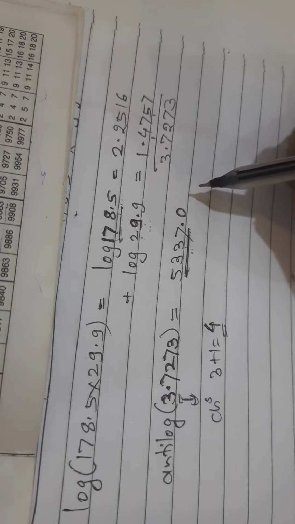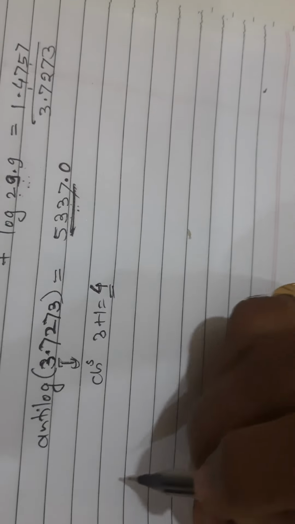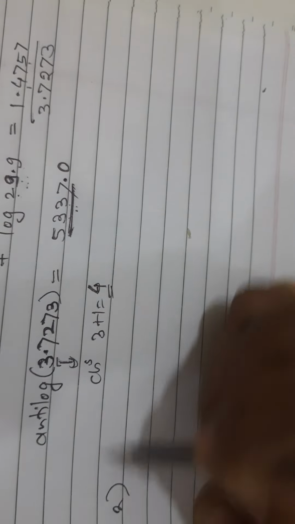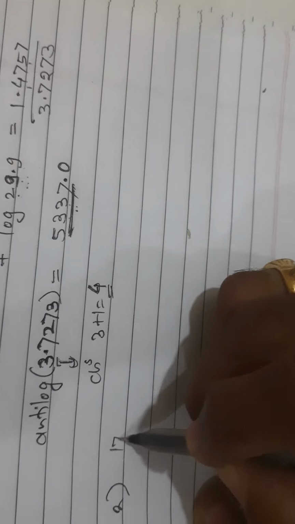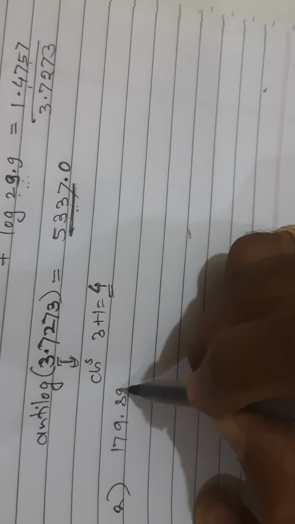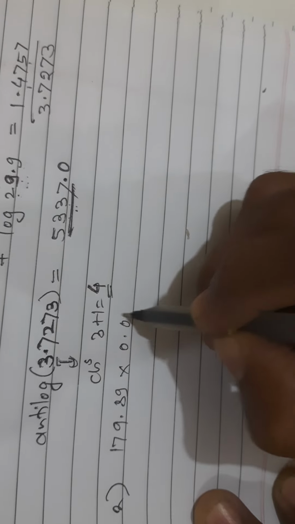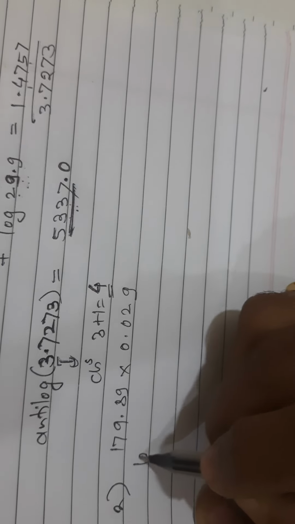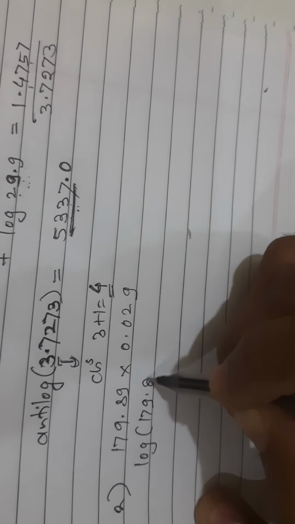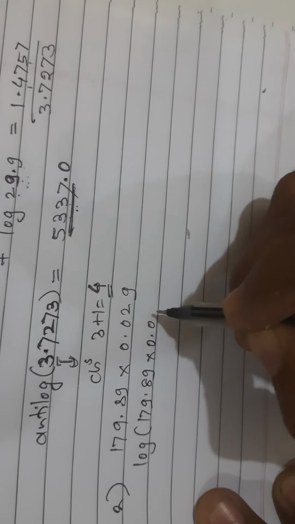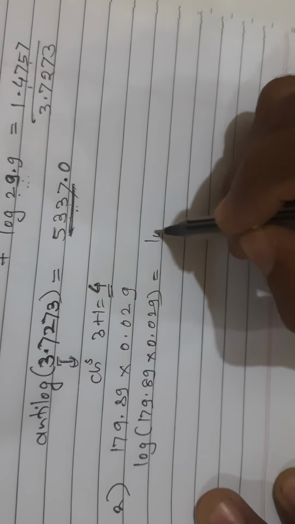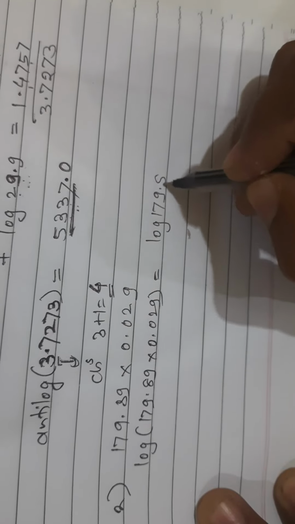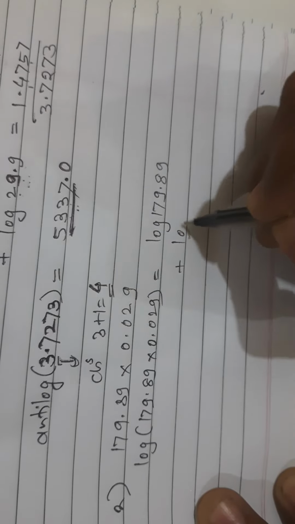Now we take another example for multiplication. Let us consider another example, the second example: 179.89 multiplied by 0.029. Then according to the rule, the log of 179.89 multiplied by 0.029 is equal to the log of 179.89 plus the log of 0.029.